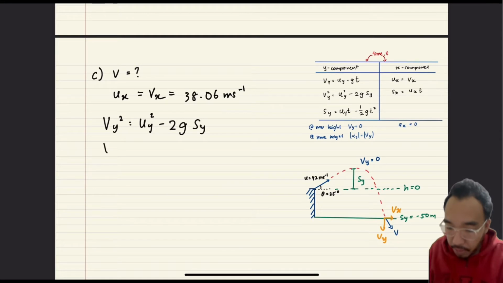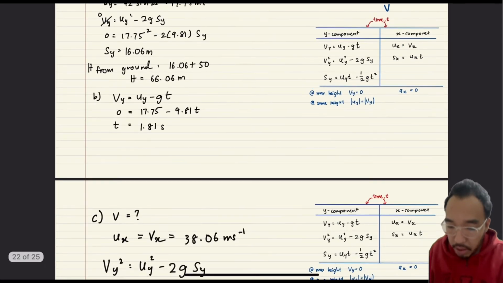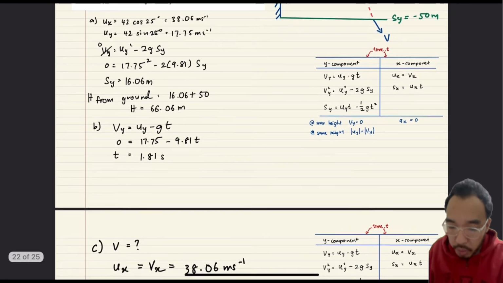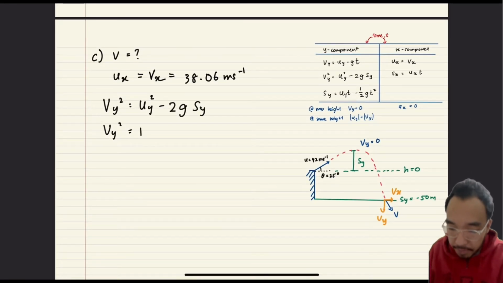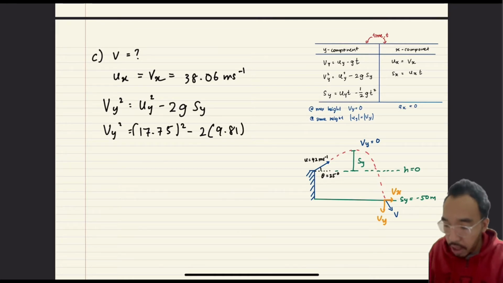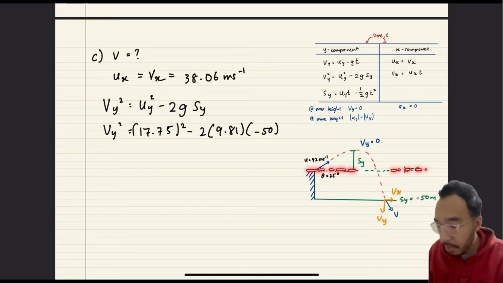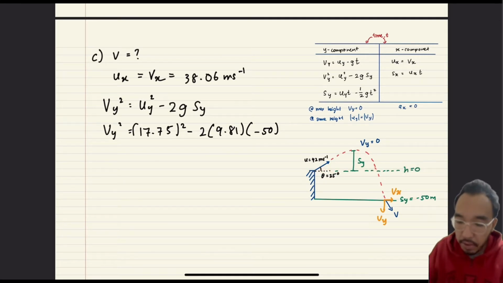So now Vy square equals Uy square, where your Uy is 17.75, squared, minus 2 times 9.81. Now the sy would be negative 50. Why is it negative? Because it is below the starting position. So below here it would be negative. You have to substitute it yourself.